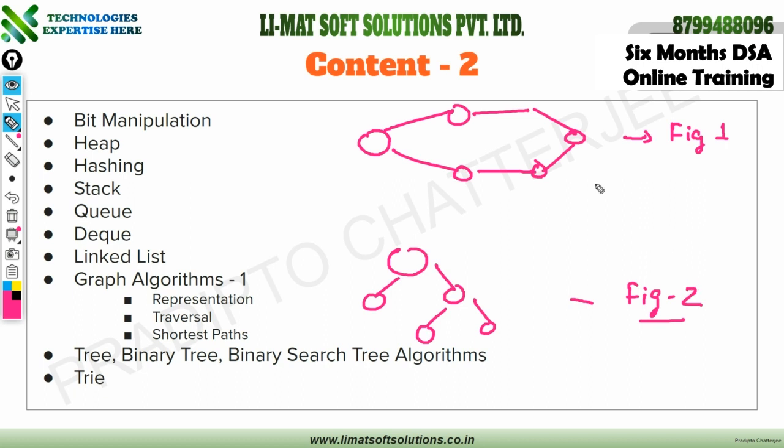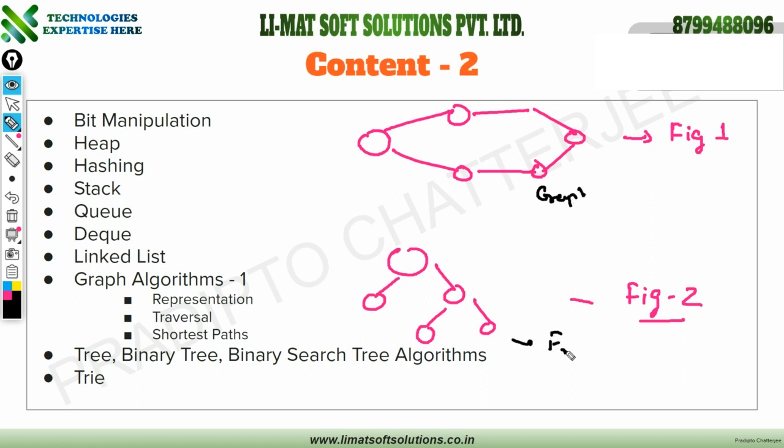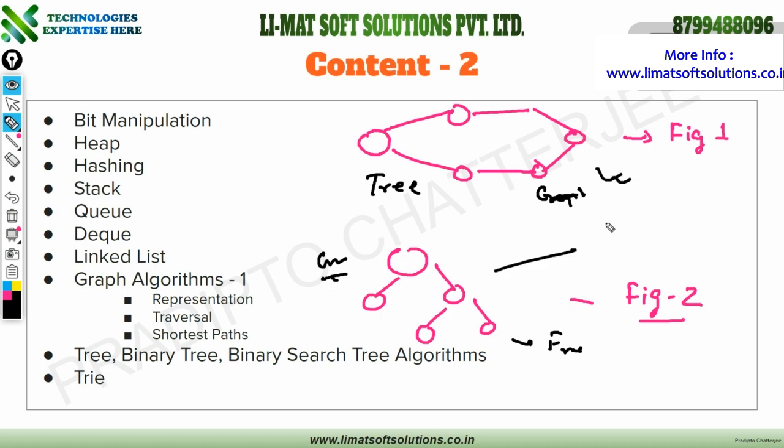Generally people say that this particular thing is a graph and this particular thing is a tree. Or if you are trying to be over smart, thinking the interviewer might have some twist, you might say this is a tree and this is not a graph, and this is a graph. But the answer is that both are trees and both are graphs as well.